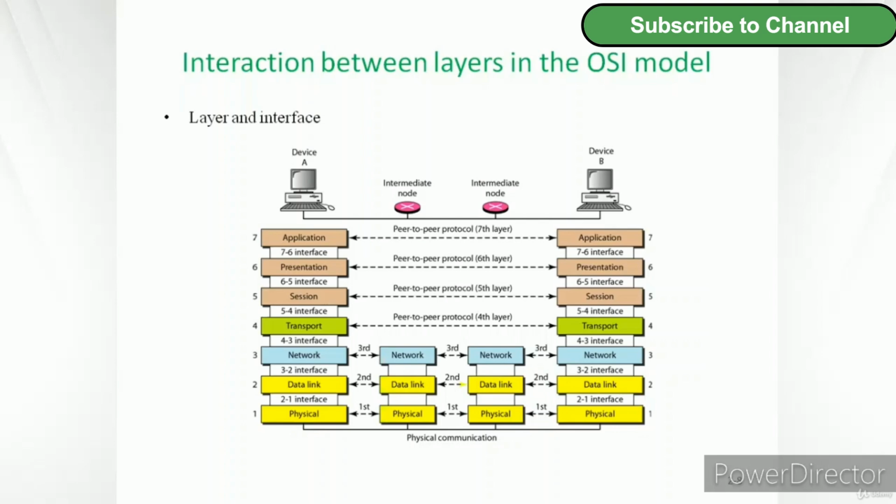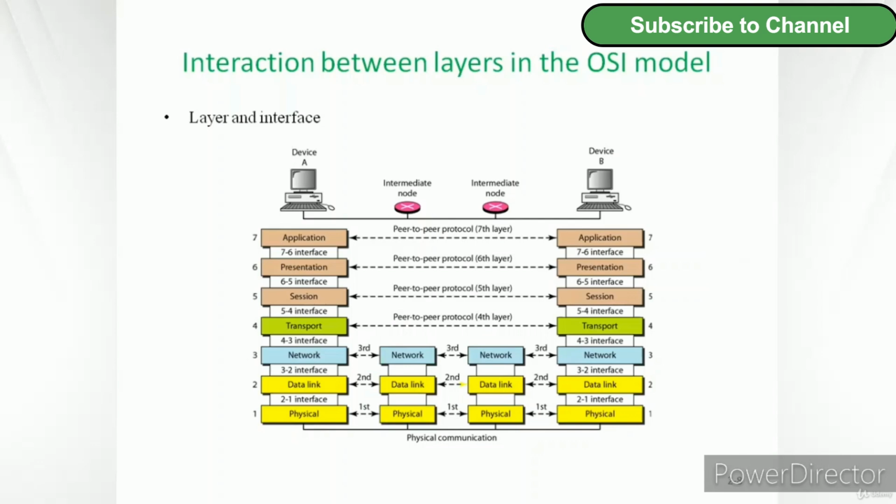An entity is a specialized model of the layer, and the entities comprising the corresponding layer on different machines are called peers. For example, a workgroup means there is no hierarchy, all are equal, no administrator is responsible for the network. It is peer to peer.